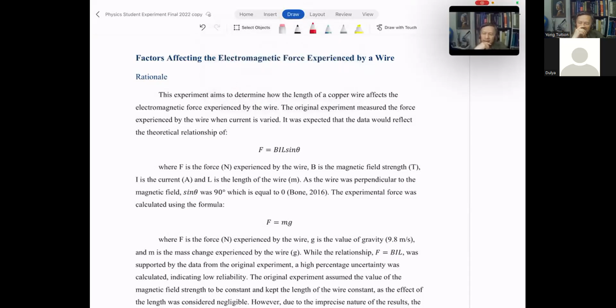The experiment is aimed to determine. If you wish: this experiment is aimed to determine the dependence of the electromagnetic force on the conducting wire on its length.